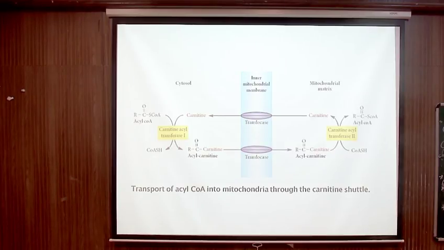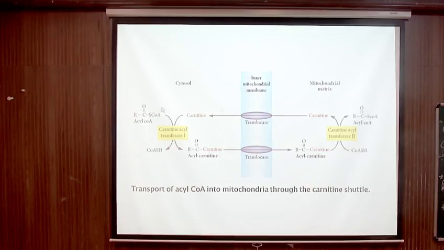The inner mitochondrial membrane is not permeable to fatty acyl coenzyme A. It needs all this transport mechanism: it is converted into acyl carnitine and then it can enter into the mitochondria. That's why all this circus. So from the cytoplasm, it has to enter into the mitochondrial matrix.